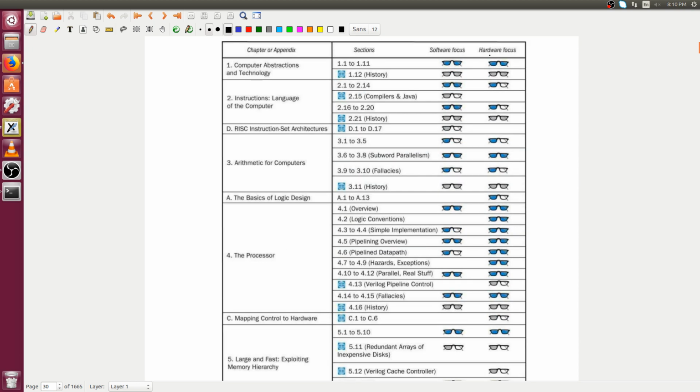We have software focus and hardware focus. And then some of them are both, so it's both blue. That means look carefully at this, look carefully for both. But some of these are completely one or the other, I think. So like right here, hazards and exceptions. You don't really care about hazards and exceptions.